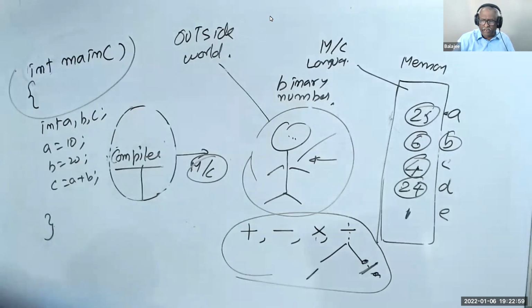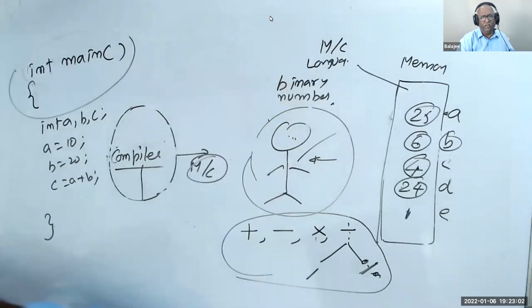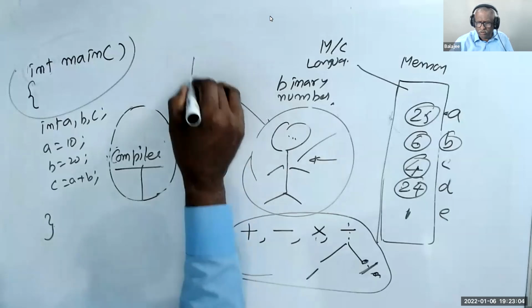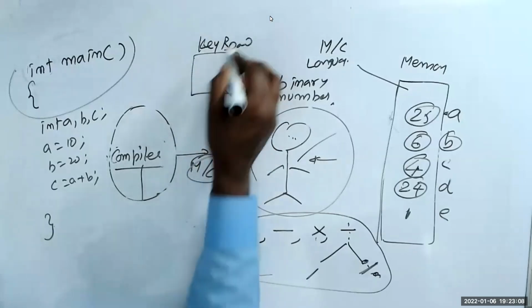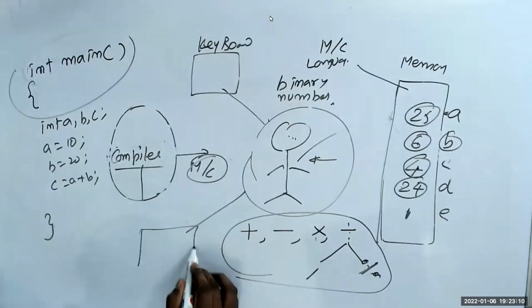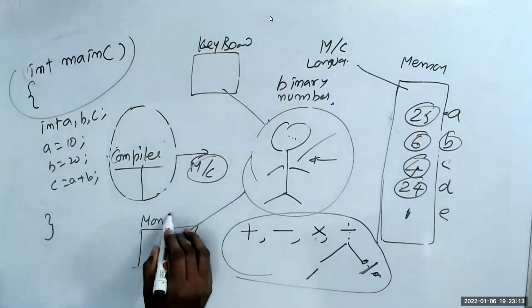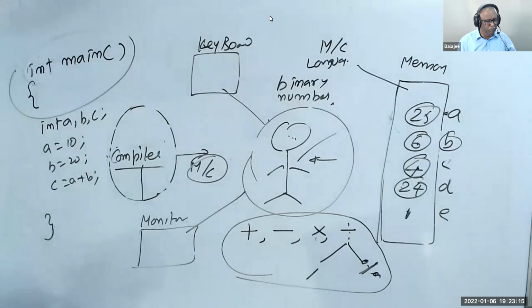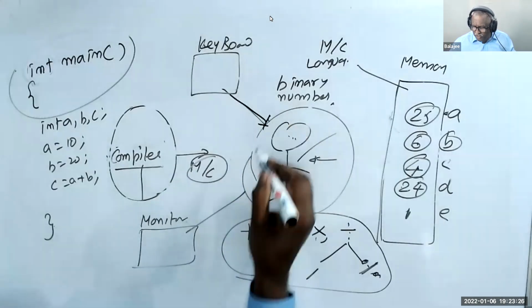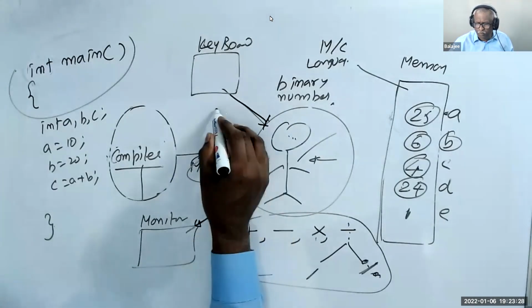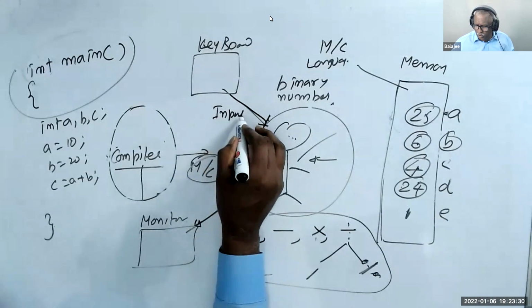So what they have done is, with this, we have connected a keyboard and monitor. Using the keyboard and monitor, you can give the input to him and he will give you the outputs. This is called input. This is called output.